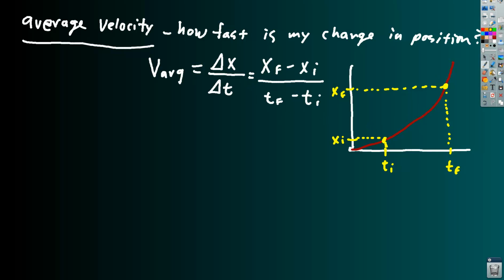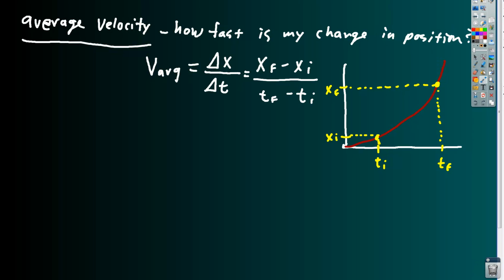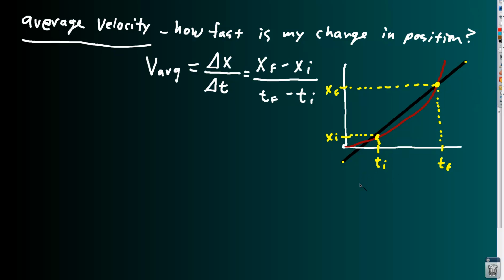Should kind of look familiar to you. If you connect these dots with a line, you basically get a rise over run slope, and the rise is x final minus x initial, and the run is t final minus t initial.